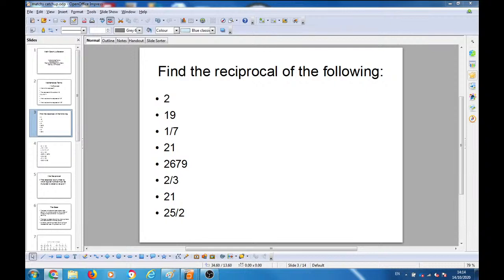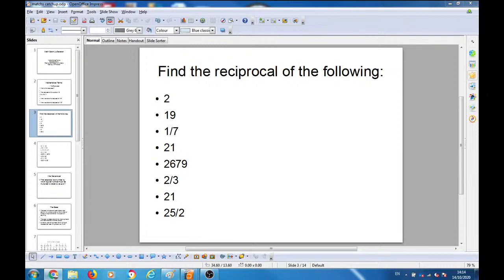Also have a look at 2 divided by 3, so it's not quite as straightforward. How do you multiply it with another number to give you 1? Once you know the technique, it's straightforward.